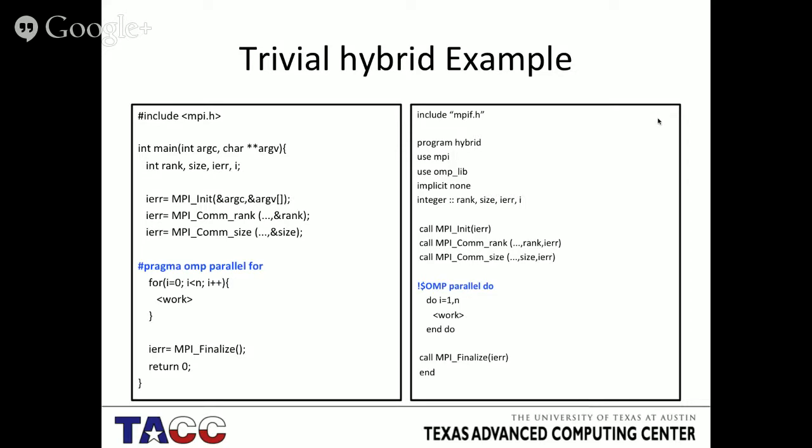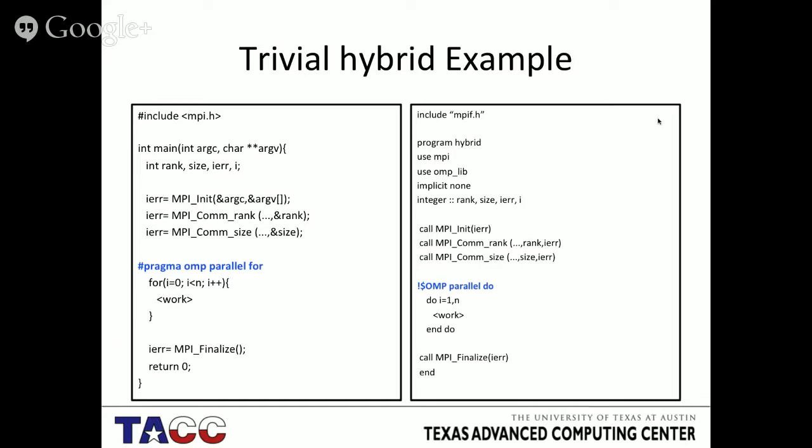So this is a trivial example, and I've tried to put all examples both in reasonably understandable C and Fortran. This is a trivial example of a hybrid code that really doesn't do anything. What you have is you initialize your MPI with the three typical calls: MPI_Init, MPI_Comm_size, MPI_Comm_rank.